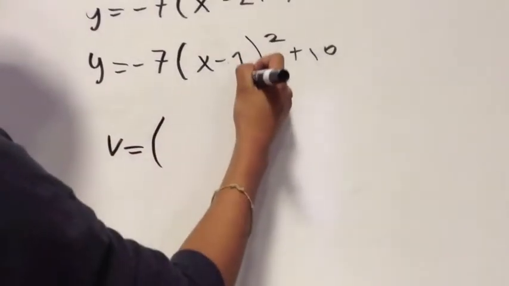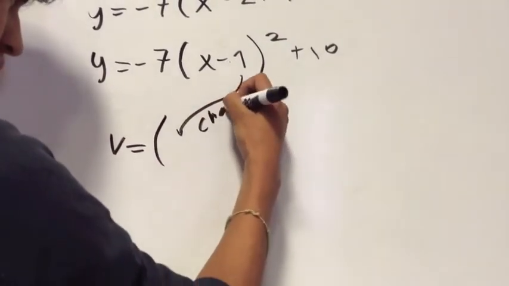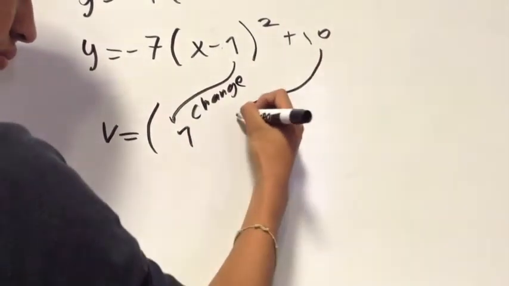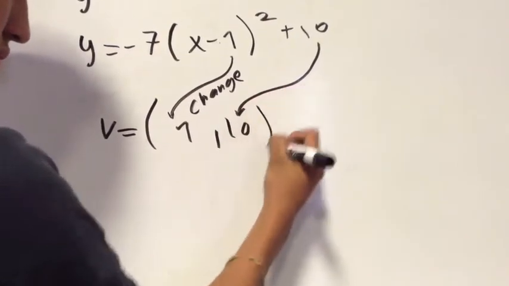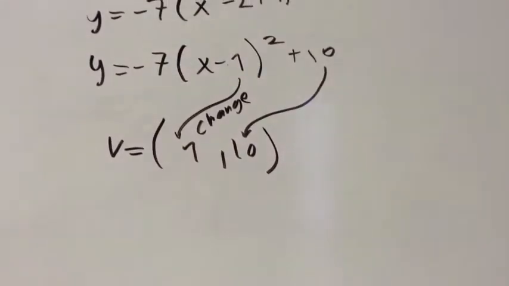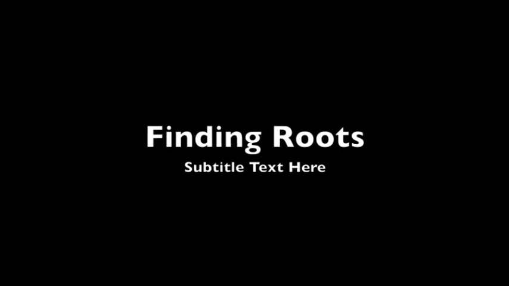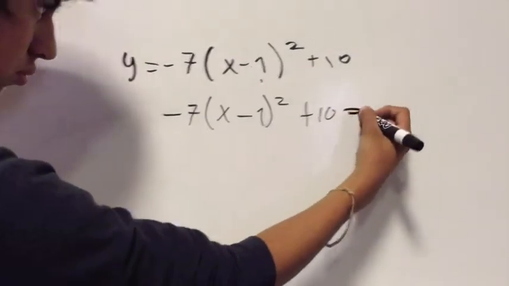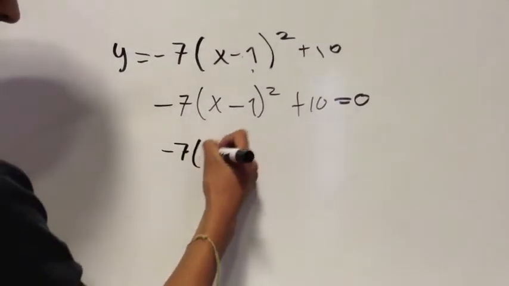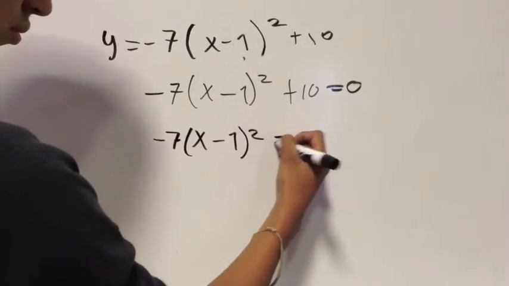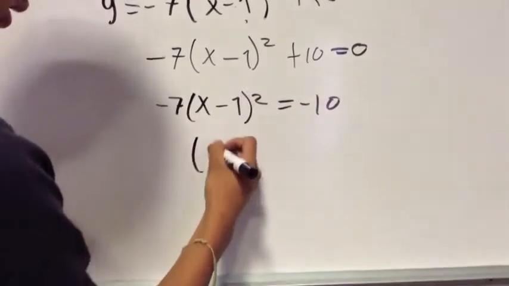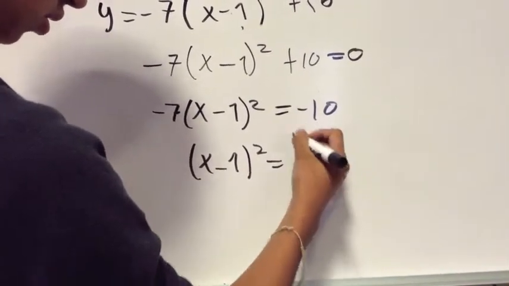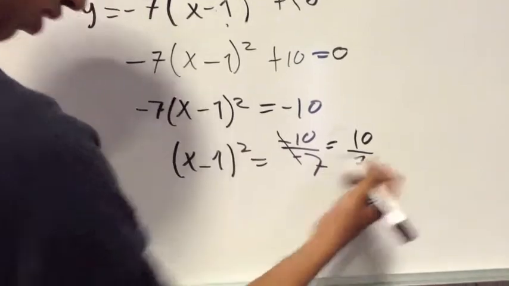So our vertex is this one, but with the sign changed: 1 and 10. So this is our vertex. For finding the roots, we have to get x. We set it equal to 0 and pass the 10 to the other side, so it's minus 10, and the 7 becomes positive.